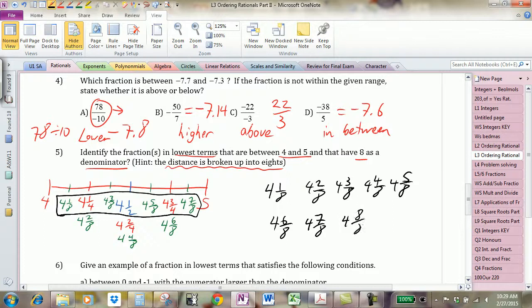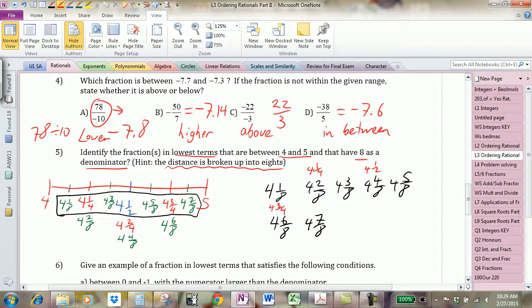Oh, what's 8/8? What would that be? 5. Good, so this here would be 5. Is that in between? No, it's not in between, so we would just leave that, okay? So those are your answers there, and then you could just put them in lowest terms. 4 and 1/4, 4 and 1/2, 4 and 3/4. So you could have done it that way as well.